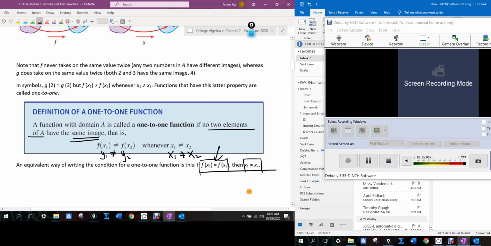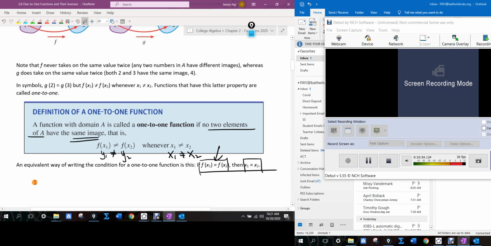Otherwise, it's not one-to-one. Does that make sense, everybody? Okay. The way I was introduced to this concept is the phrase, because it parallels well with what we know about a function and how we define it.